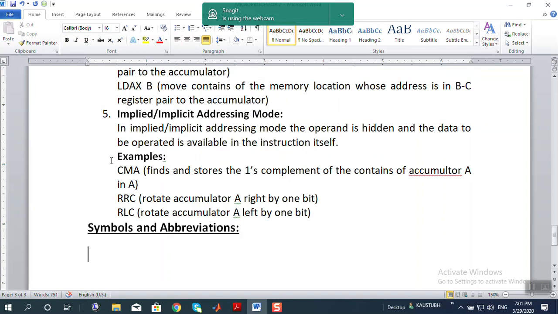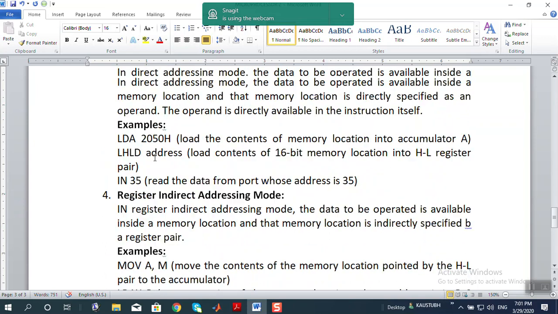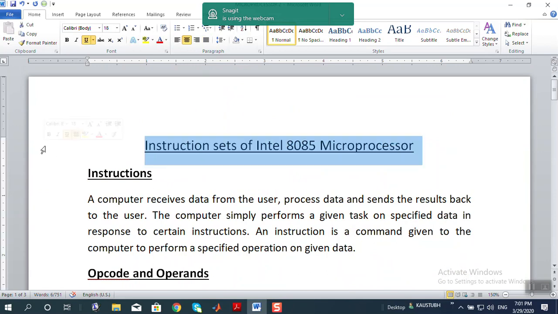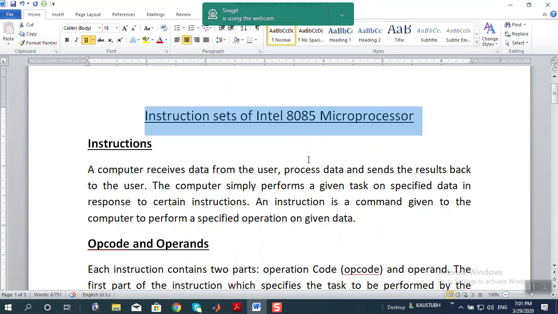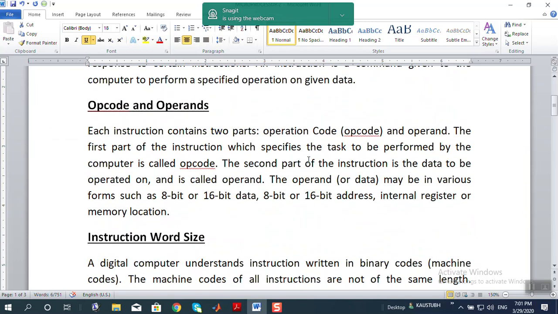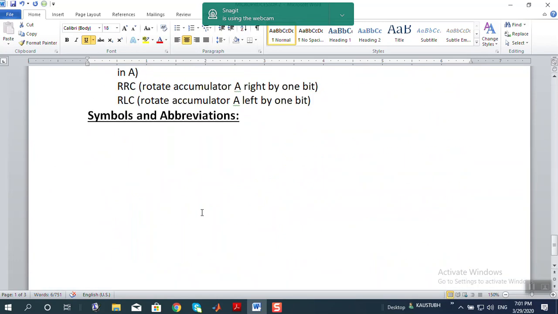Okay, now in my next lecture I'm going to explain in detail the instruction set one by one, all the instructions of 8085. While we explain each instruction, there are a few things we will consider to understand the instruction.